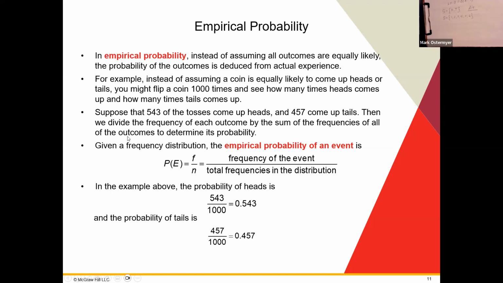Suppose that 543 of the tosses came up heads and 457 of the tosses came up tails. Then what we're going to do is divide the frequency of each outcome by the sum of the frequencies of all the outcomes to determine its probability.